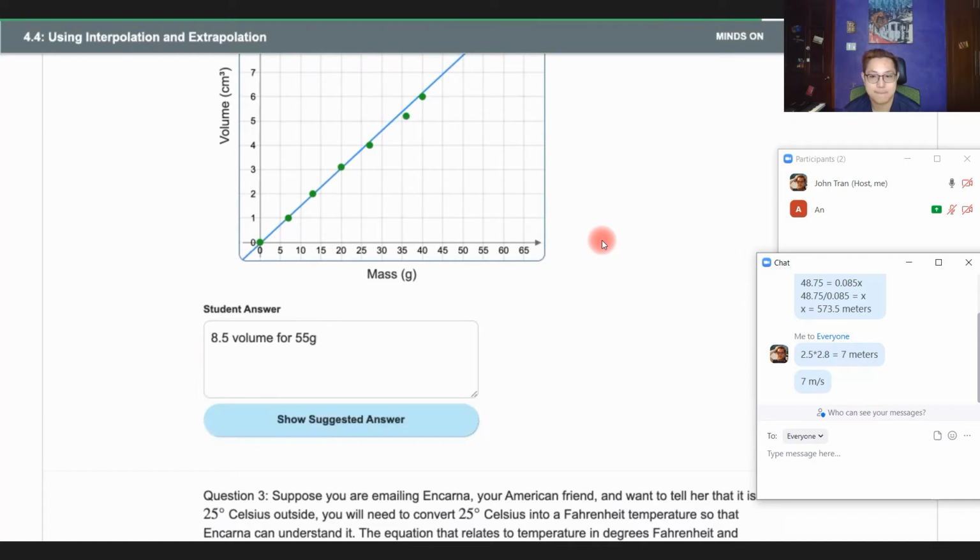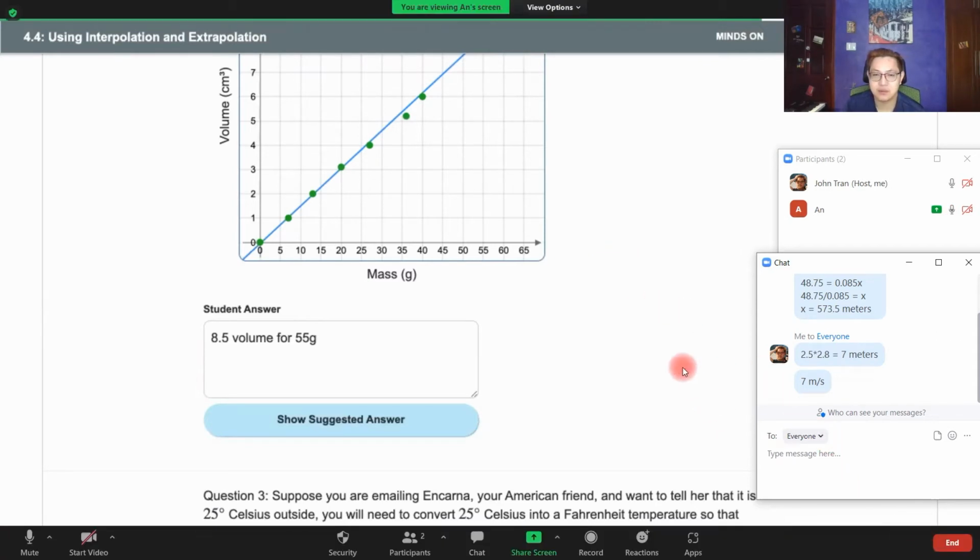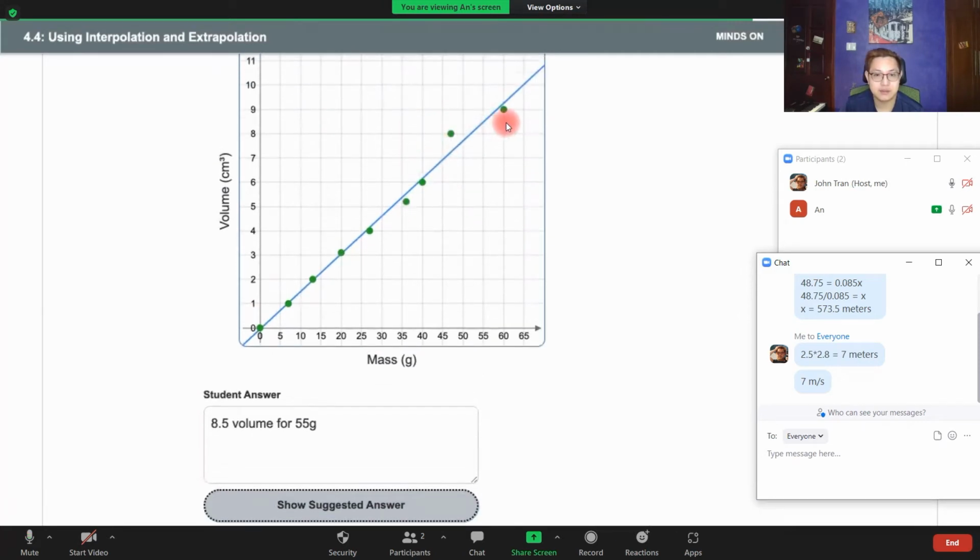You found it? 55 grams. Remember, 55 grams is basically out of the range now. Actually, it's inside of the values you're given.